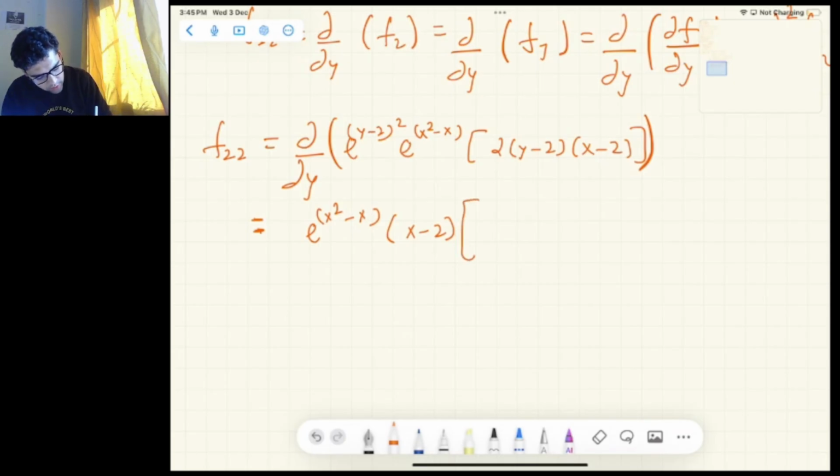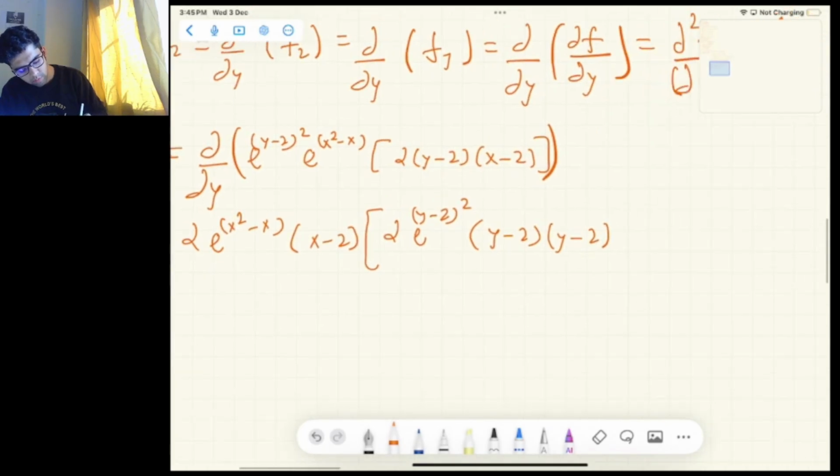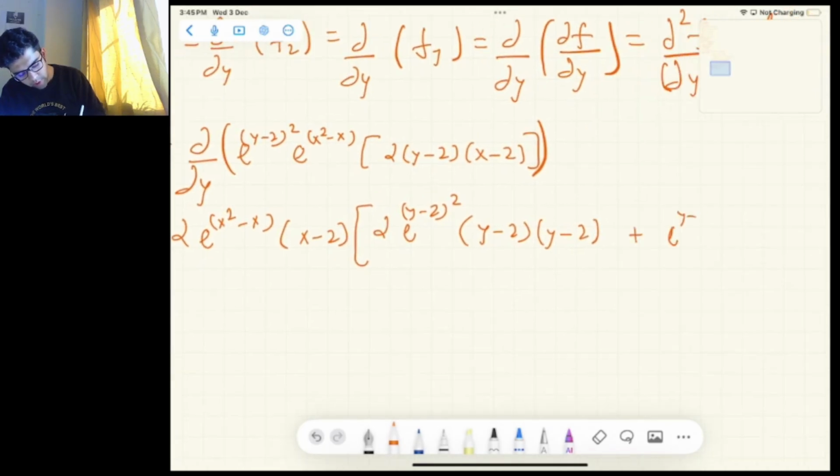Now I have e to the power y minus 2 whole square, so this gives me 2 e to the power y minus 2 whole square and y minus 2. And 2 also comes outside, and y minus 2 again, y minus 2 plus e to the power y minus 2 whole square and 1.